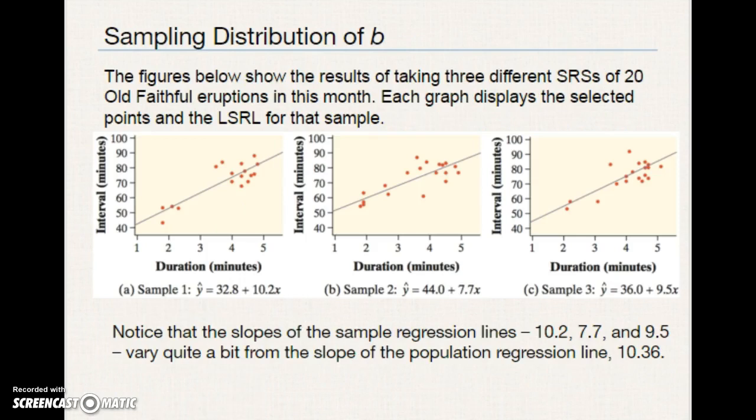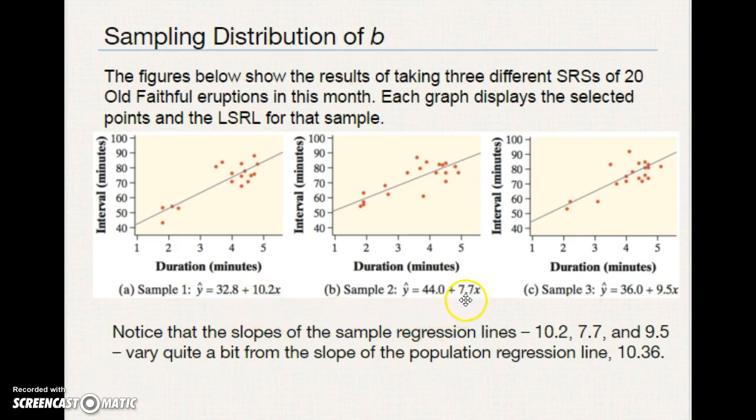So here are three different examples. The figures below show the results of taking three different simple random samples of 20 Old Faithful eruptions in the month. Obviously, they look different because we know that our samples vary. And if you start to analyze them, you should notice that in this example, the slope is 10.2.